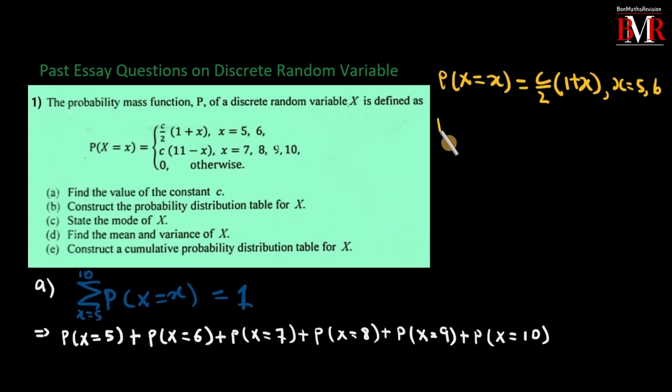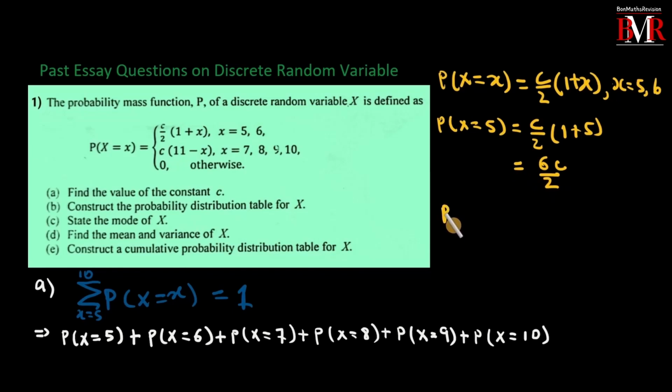So for probability of x equals 5, I'll have C over 2 into 1 plus 5. In place of x I put 5, which simplifies to 6C all over 2, since 1 plus 5 is 6, and 6 times C is 6C all over 2.